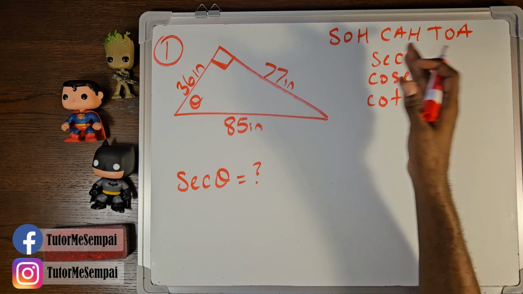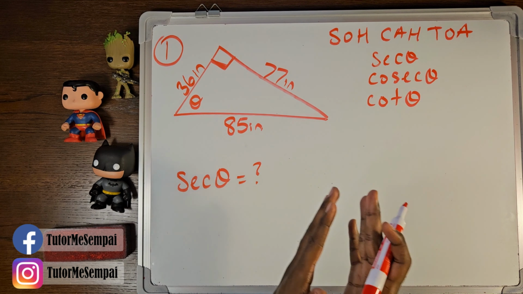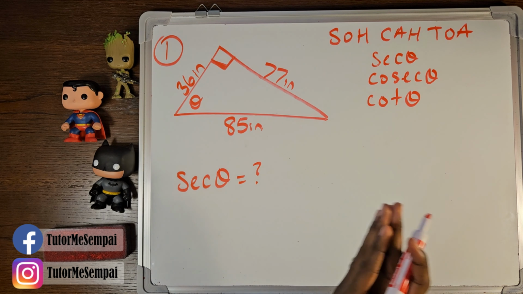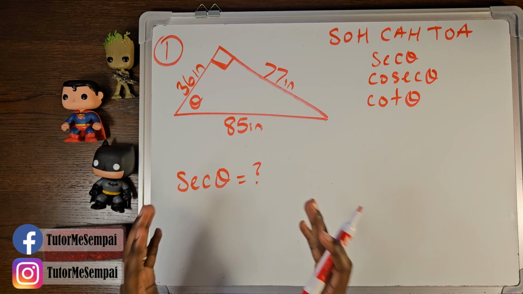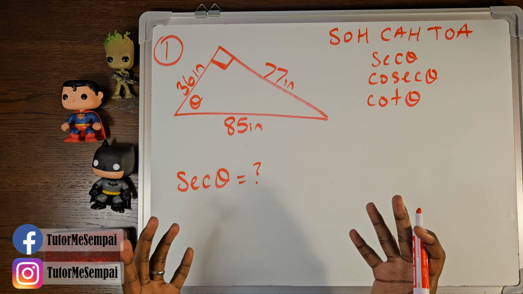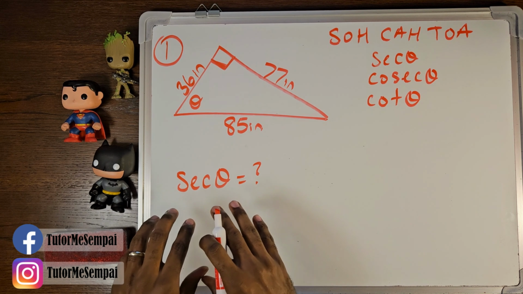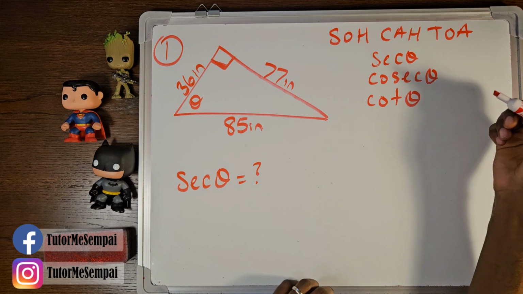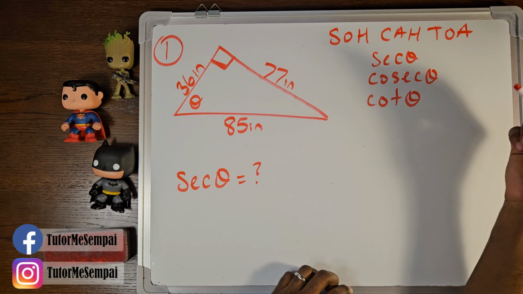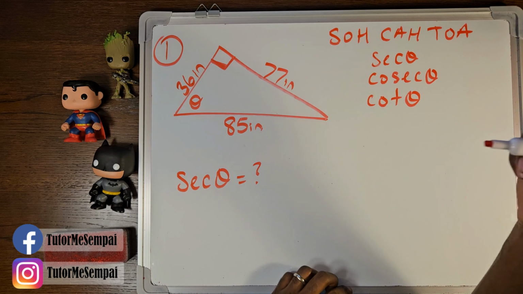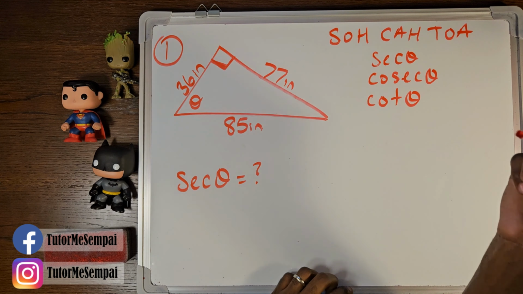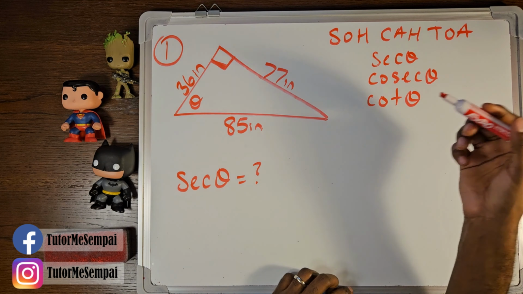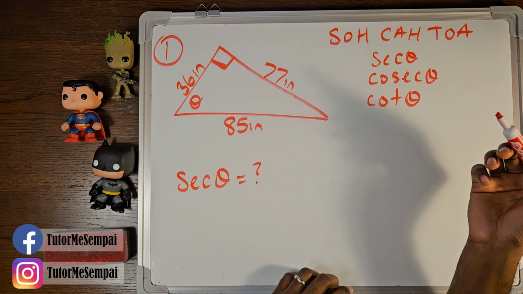So now that we have our SOHCAHTOA and our way of remembering which trig function goes with which reciprocal, let's solve this question. What is secant of theta? Well, the first thing we need to do is figure out which trig function this is the reciprocal of. So using number 3 is for me, we determined that it's going to be cosine. Secant is going to be the reciprocal of cosine. And we can now go back to our SOHCAHTOA.